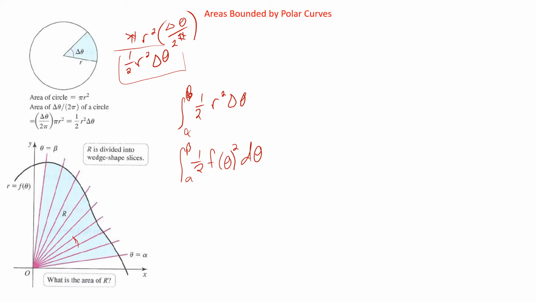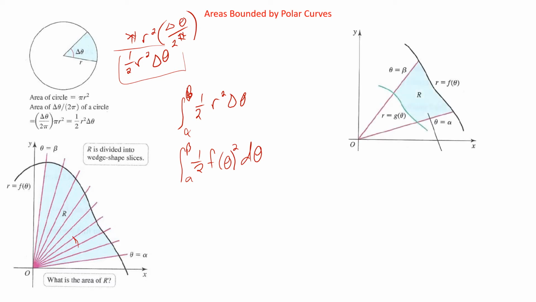So that is just a basic area. But how often do we just find an area? It's never just an area. It's always going to be something kind of like that, where it's not the full area, it's only part of the area.